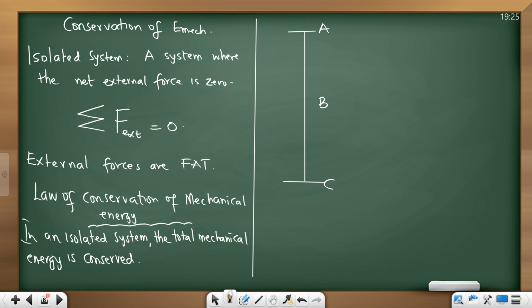Because I'm saying potential energy, which is mgh. So we're saying the EMEC at point A is the same as the EMEC at point B, which you did in grade 10, and the EMEC at point C.